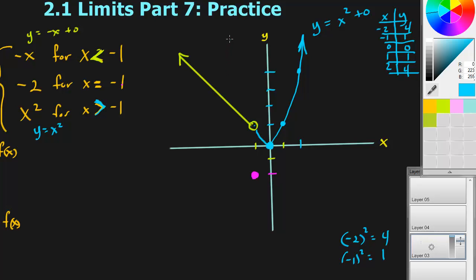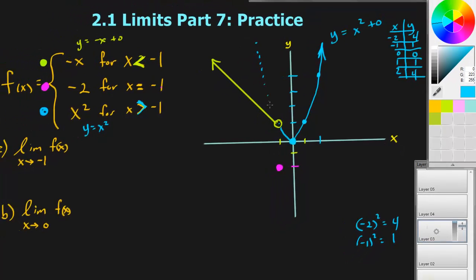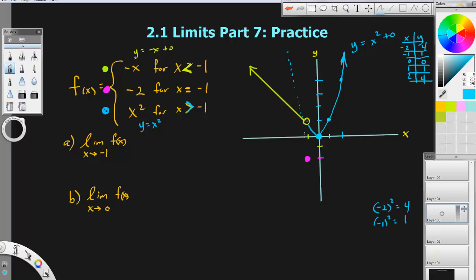Now the rest of the parabola would look like that, of course, if I continue to graph it, but it would be a huge mistake to fill in this green circle, okay? So that's actually a green and blue circle right there, an open circle, because this is not equal to. If that was equal to, then it would be a solid dot. And we would have another problem because we had another defined spot here, which would make this not a function because it would fail the vertical line test.